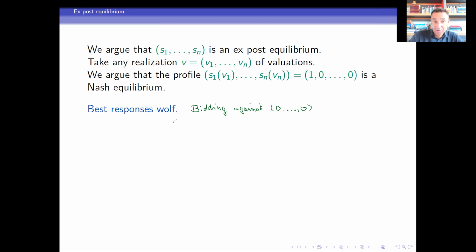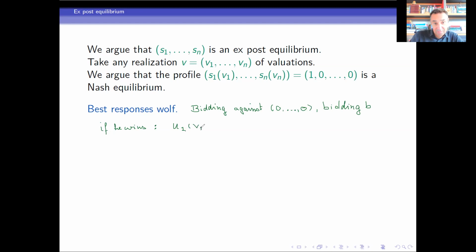So you can compute his utility if he wins.